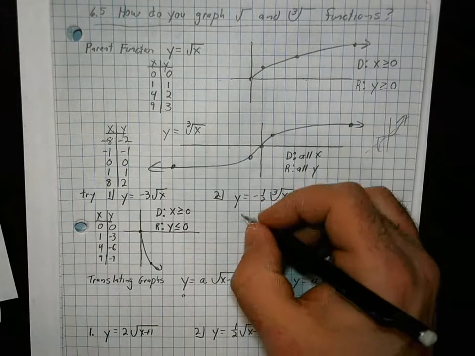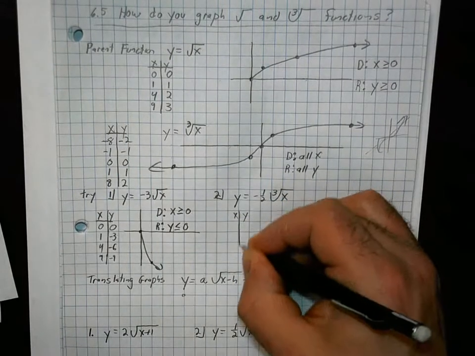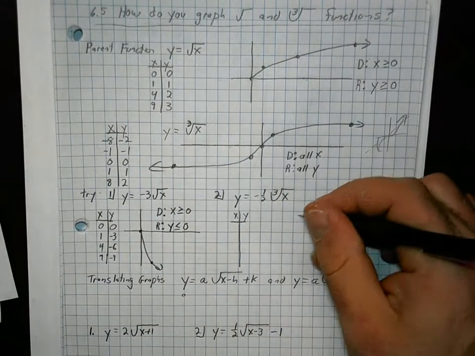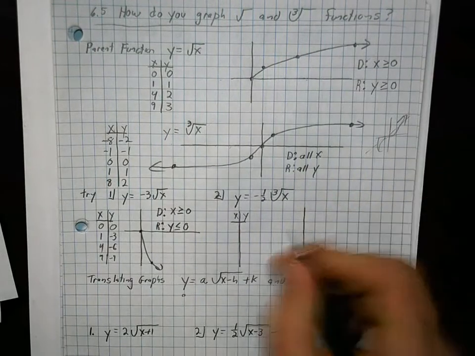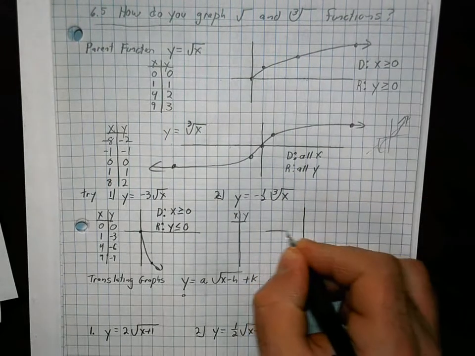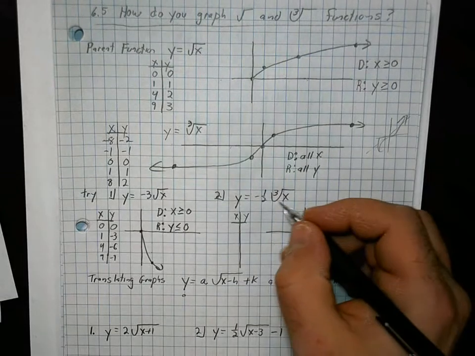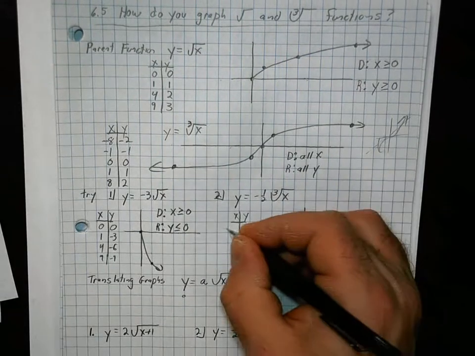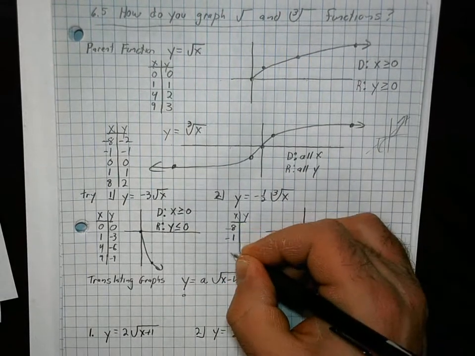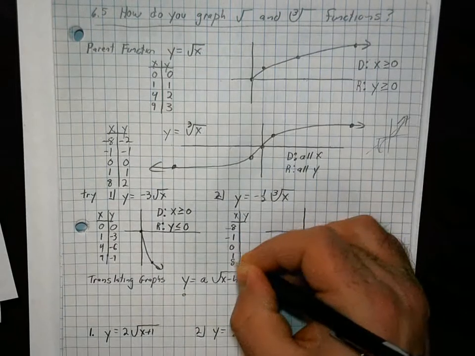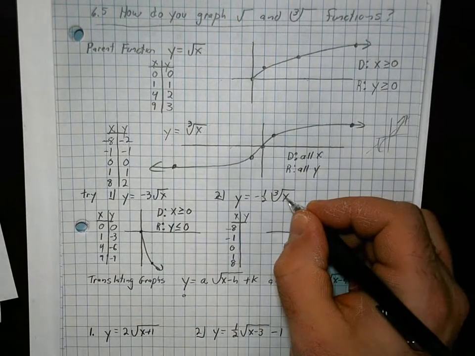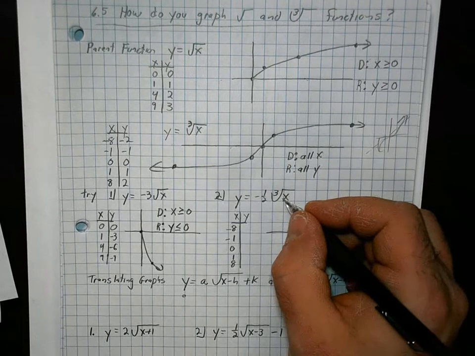Let's try this one. Okay, so again, plug in numbers I can cube root. So the cube root of negative 8 is negative 2.